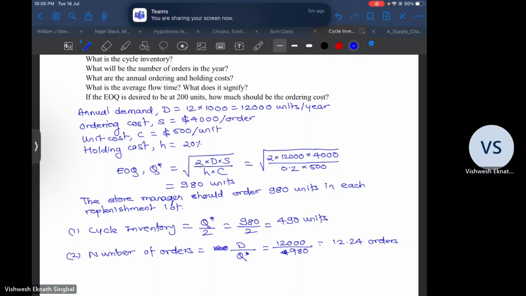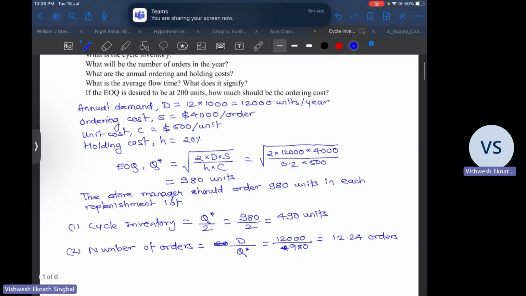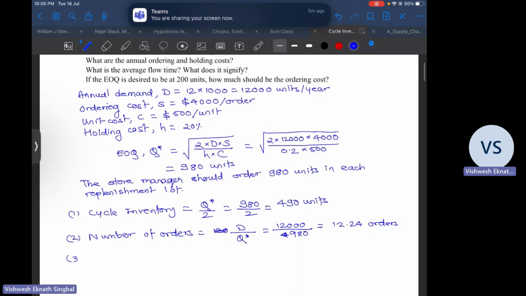Right. Now the next question is about annual ordering and holding costs. That is given as D by Q star, that is the number of orders, into ordering cost, plus average inventory into holding cost.